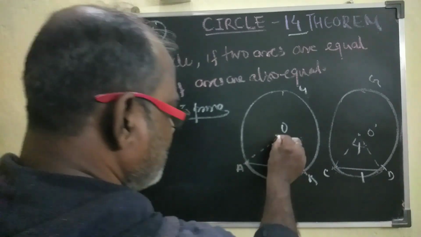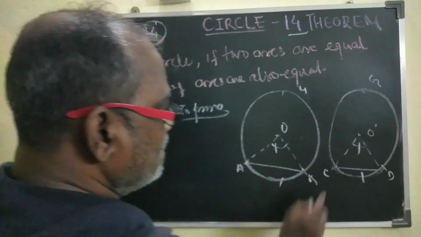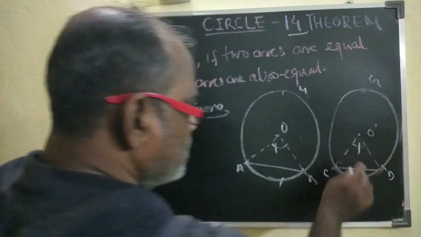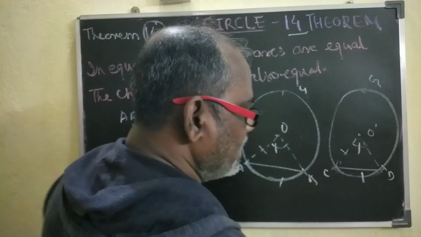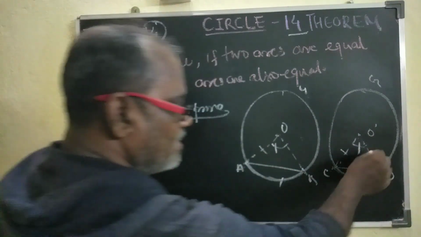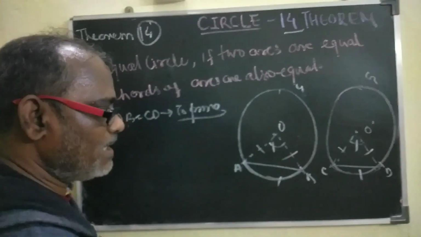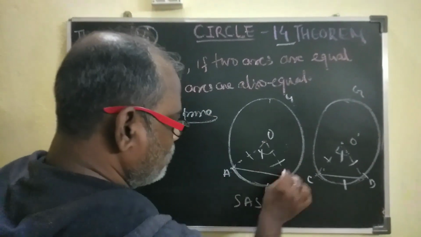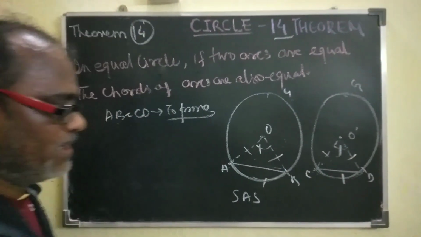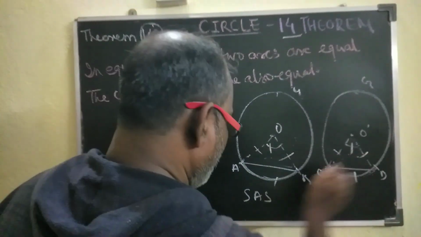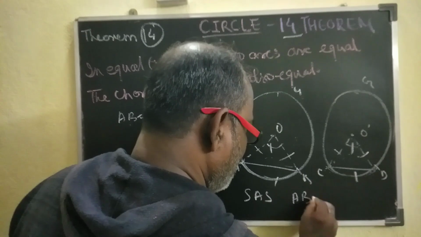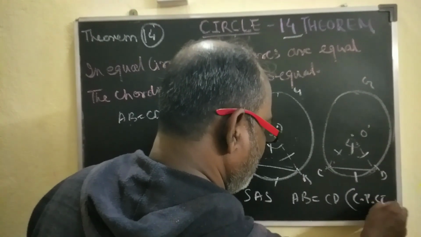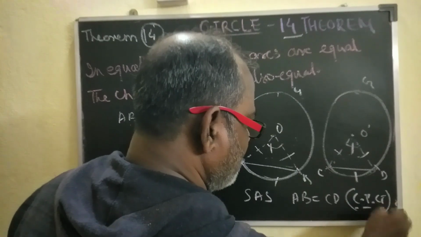Now considering triangles OAB and O dash CD, OA equals O dash C. Why? Because both have the same radius. This equals this, again the same radius. So by SAS, these two triangles are congruent. Since these two triangles are congruent, therefore AB equals CD, that is CPCT, congruent parts of congruent triangles.